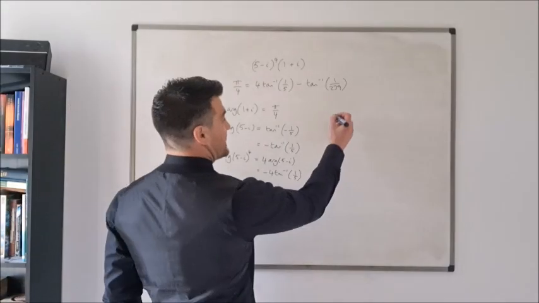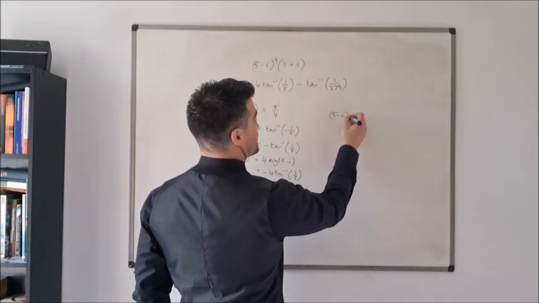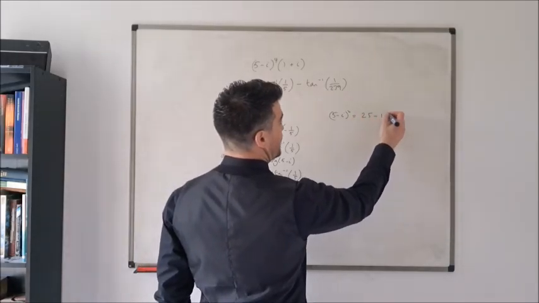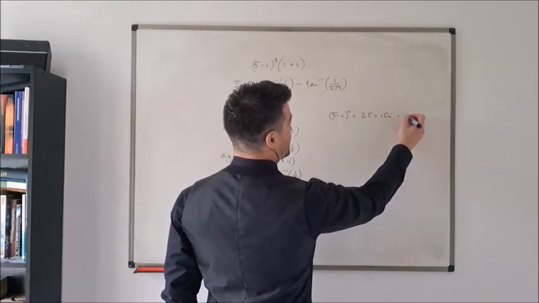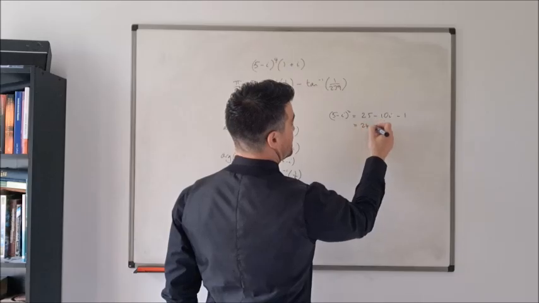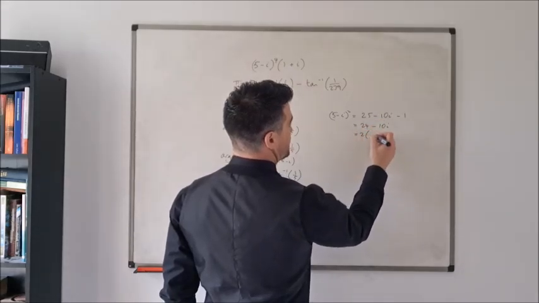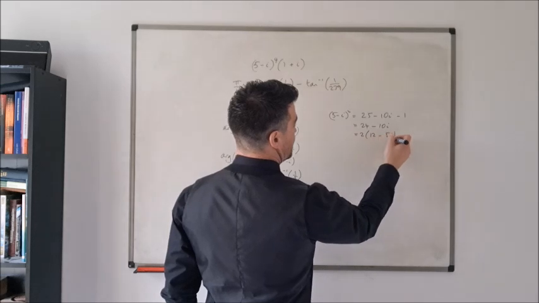So let's have a look then. (5 minus i) squared, for example, is going to be 25 minus 10i minus 1, which is 24 minus 10i, which is 2 times (12 minus 5i).